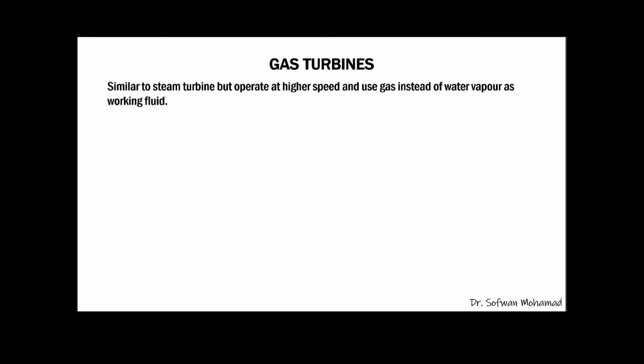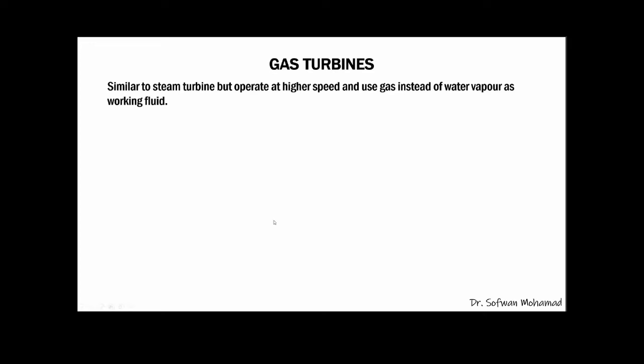For a turbine in a car, it uses the exhaust gas coming out from the car engine itself to turn the gas turbine. And there are many types of gas turbine that use different kinds of gases.